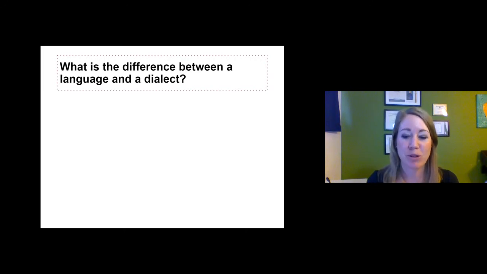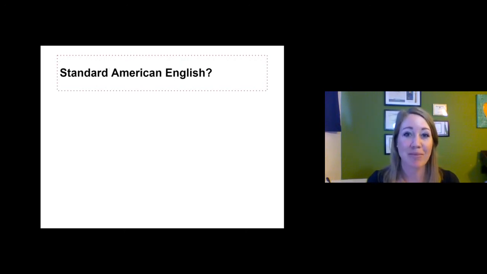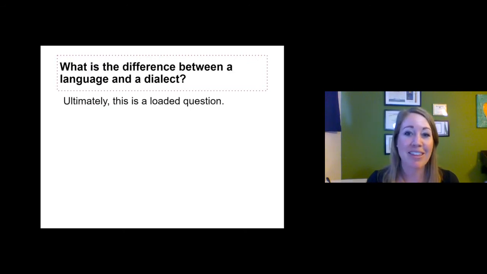So what is the difference between a language and a dialect? Ultimately, this is a loaded question because they're one and the same. All dialects follow rules, all languages follow rules. But one of the main differences is that people that speak different dialects can often still successfully communicate with each other, right?